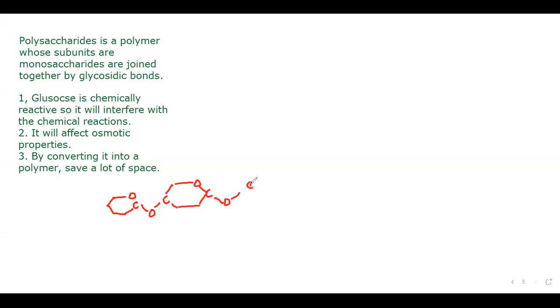So I've got multiple glucose molecules that have joined together with each other. And what bond are they making? The same bond we studied previously. The bond we talked about in disaccharides, the bond remains the same. We will get alpha 1,4 glycosidic bond.